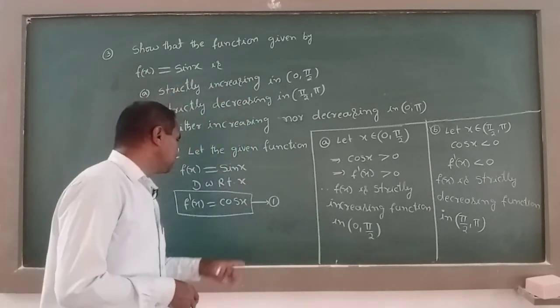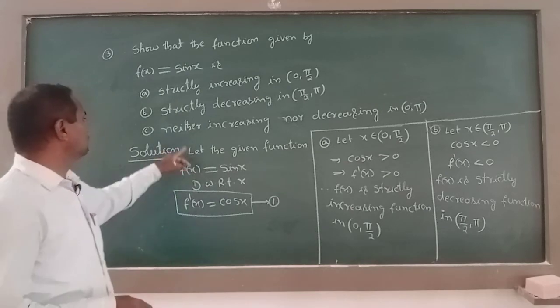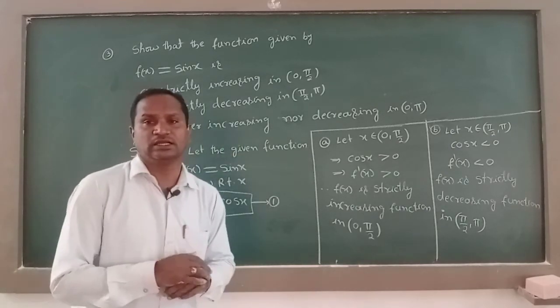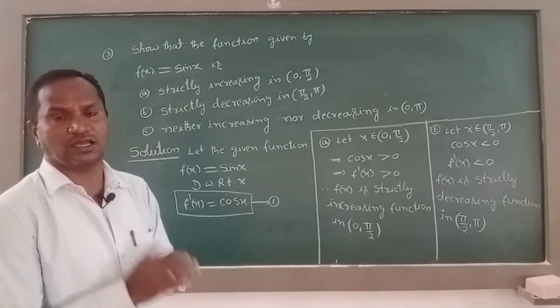Now let us discuss the third question, in the interval 0 comma pi. How do we show that it is neither increasing nor decreasing? I will show you now.